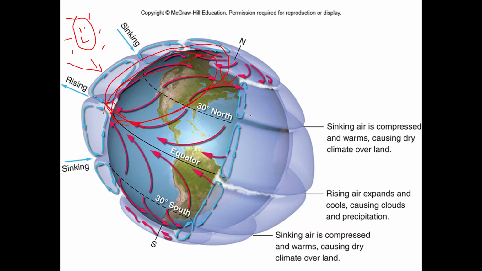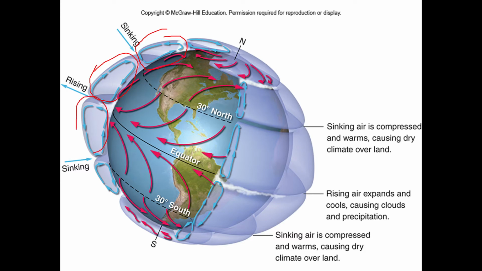And due to this spinning, we get what's called the Coriolis effect. We end up getting these cells at different latitudes along the Earth.